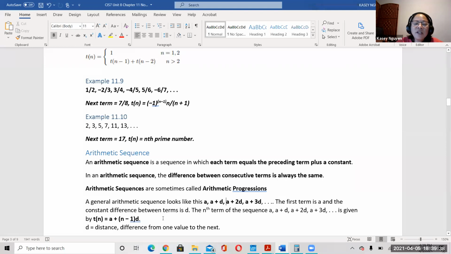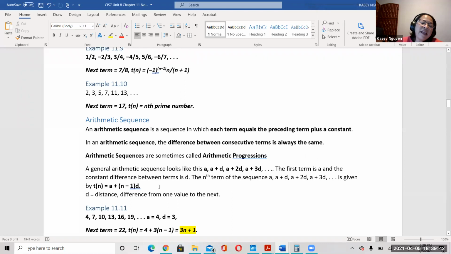The equation for an arithmetic sequence is t of n equals a plus n minus 1 times d. a is always the first term value, the first number in the sequence.